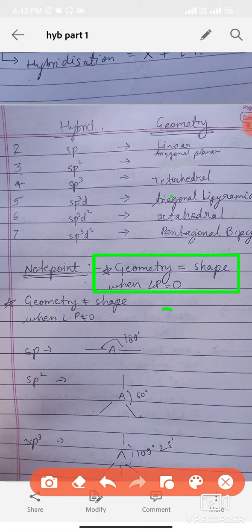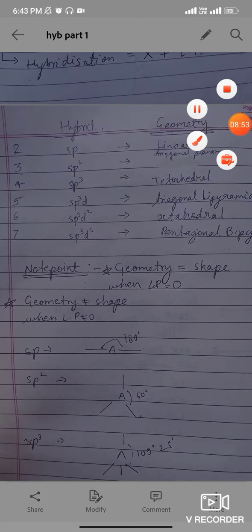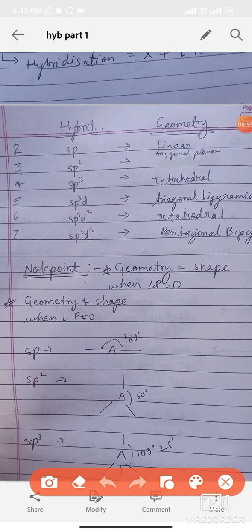CH4. What is the hybridization? We just calculated it: 4 are connected, so the number is 4. So sp3 is the hybridization. Now we see sp3 is tetrahedral.